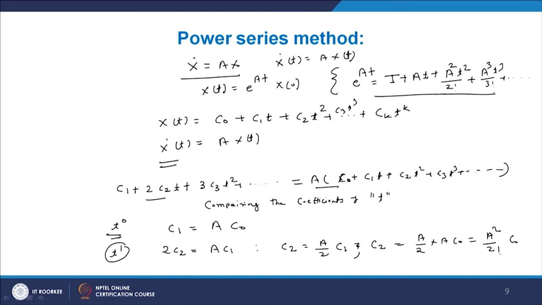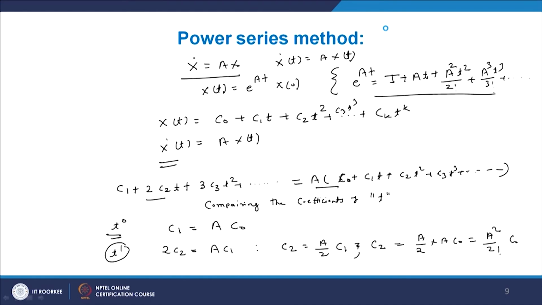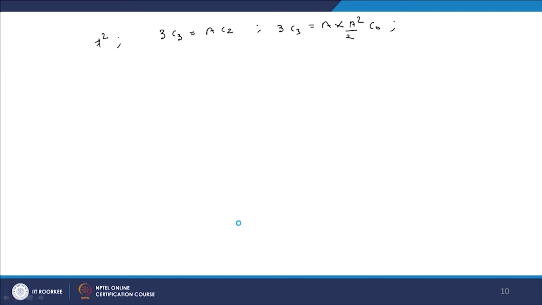C2 we have already got as A square by factorial 2 into C naught. So, we replace these values here. We can write A square by 2 into C naught. C naught has no value, so we can keep it like this only.